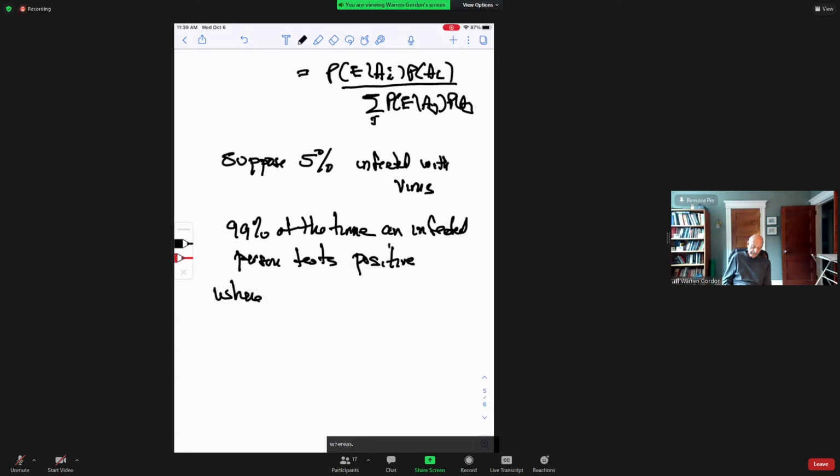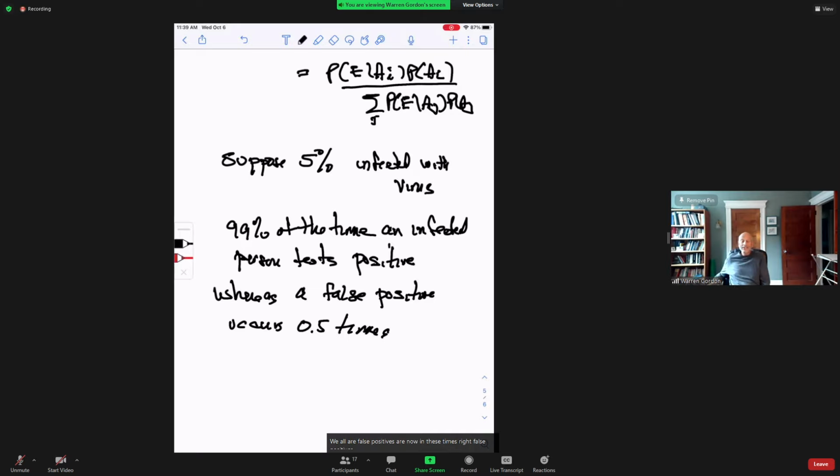Whereas a false positive occurs 0.5% of the time. We all know what false positives are now in these times, right?